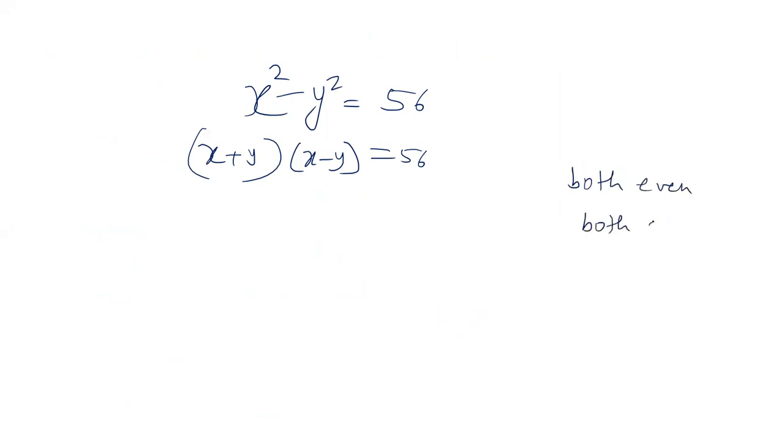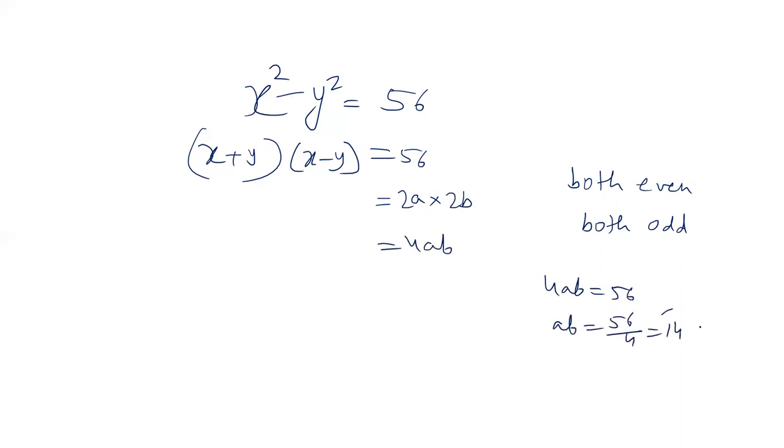Then only their sum will be an even number. Both odd is not possible because 56 is an even number. So let's take both numbers as even, 2a into 2b. So 4ab equals 56, so the value of ab will be 56 by 4, that is 14.